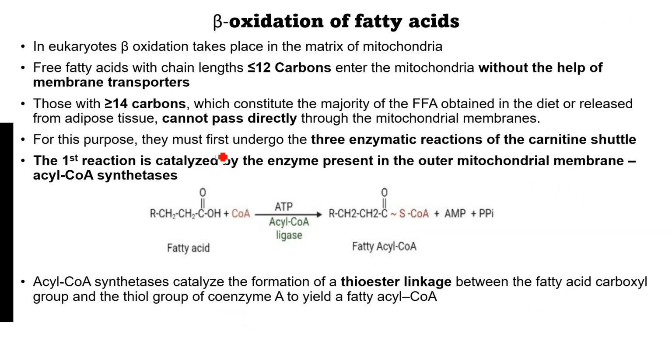Now, in eukaryotes, beta oxidation takes place in the matrix of the mitochondria. In the matrix of the mitochondria, the enzymes for the Krebs cycle are present, and the enzymes for beta oxidation of fatty acid are also present. Free fatty acids with chain lengths of less than 12 carbons enter the mitochondria without the help of membrane transporters. Fatty acids can have any number of carbon atoms, right?